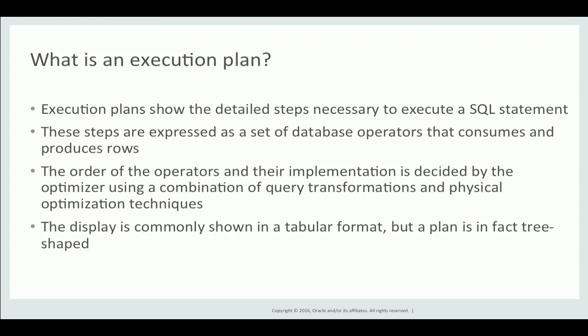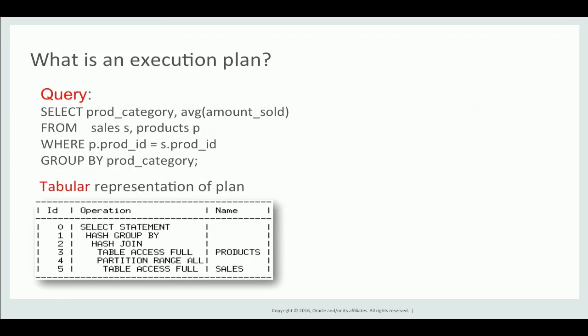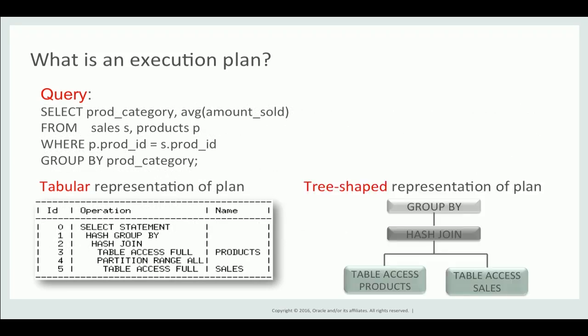Now, it's typically seen as a table. But actually, if you go into an optimizer developer's office, they never draw the execution plan as a table. This is what we normally see, right? When we use the different tools to view the plan, they'll always draw it as a tree, with each step producing or consuming rows, and the rows kind of flowing up through the tree.